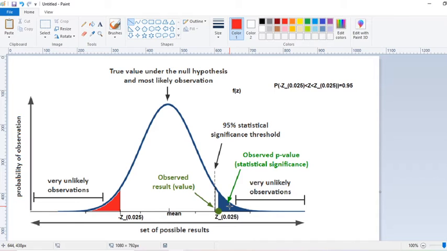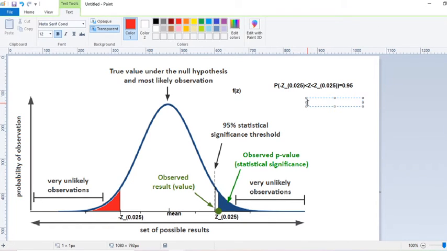Suppose you have calculated the Z value. What is actually Z? Z is x bar, the sample mean, minus mu naught, divided by the standard deviation.